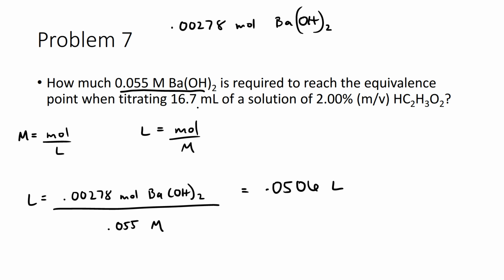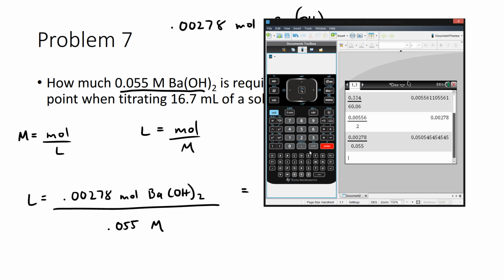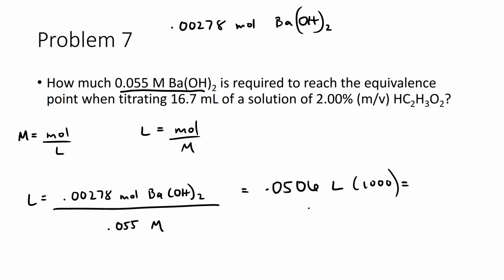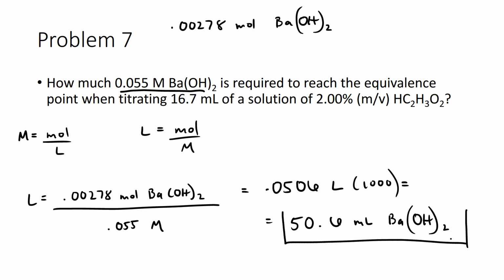And if you wanted to keep the units in the same units that the problem was giving us, you could multiply this by 1,000. And say that it's going to be 50.6 milliliters of barium hydroxide would be used in the titration.